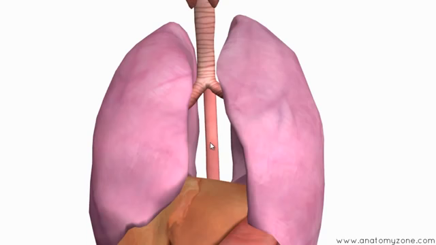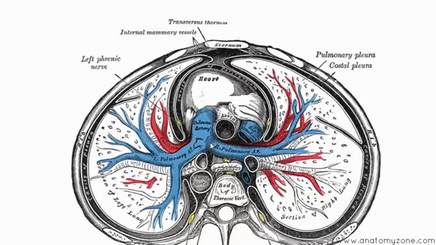Both these pleural layers are continuous at the hilum. Between the visceral pleura and the parietal pleura is the pleural cavity, and this contains pleural fluid. This space between the visceral and the parietal pleura is only a potential space. In normality, these layers lie in very close contact, and you've got this thin layer of pleural fluid.